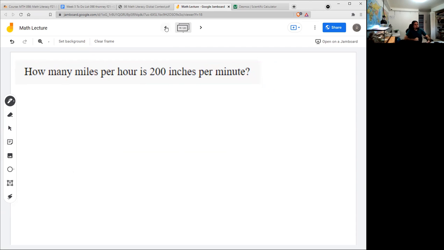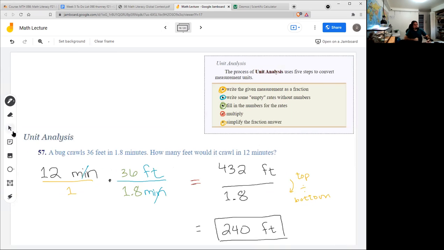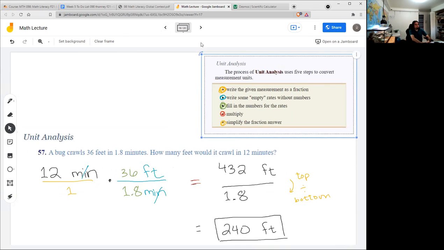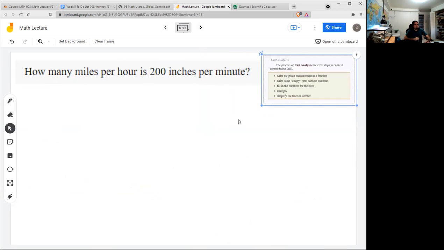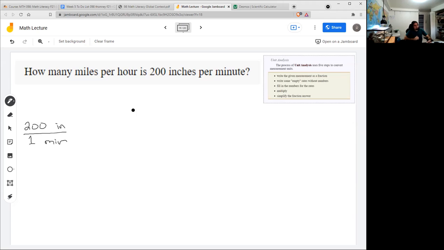Well, what I'm starting with is 200 inches per minute. And I'm going to write it smaller. So that's what they gave me. It's already written as a fraction. Now I want to get to miles on top and hours on the bottom.